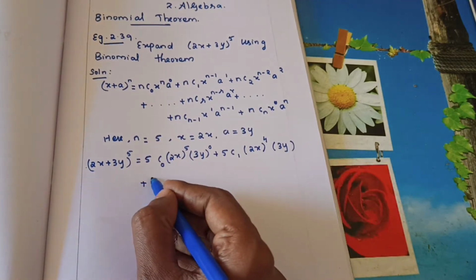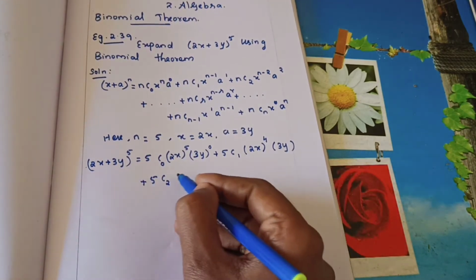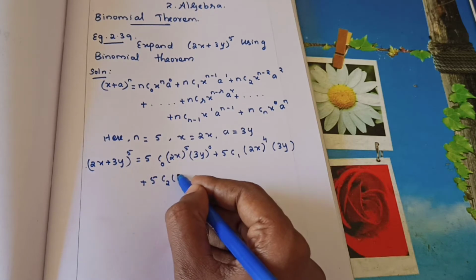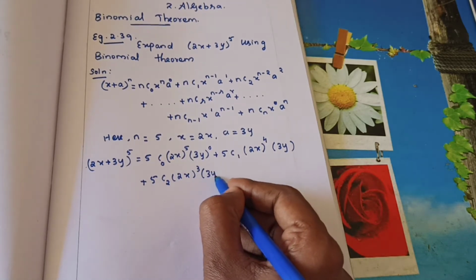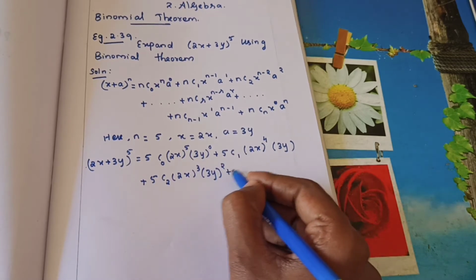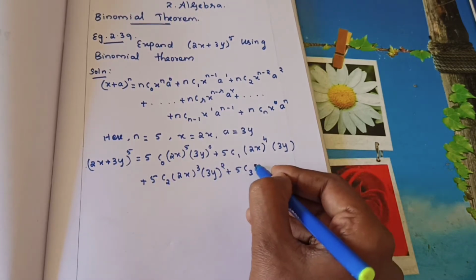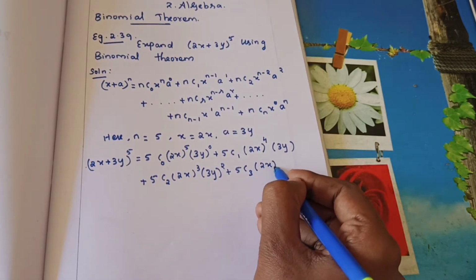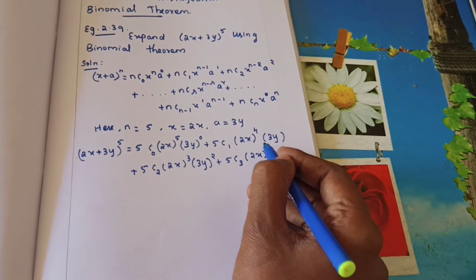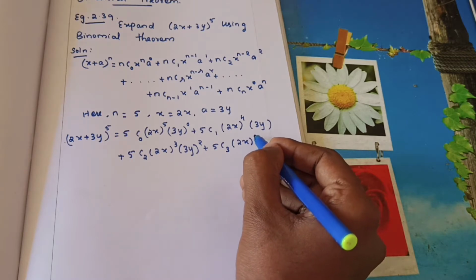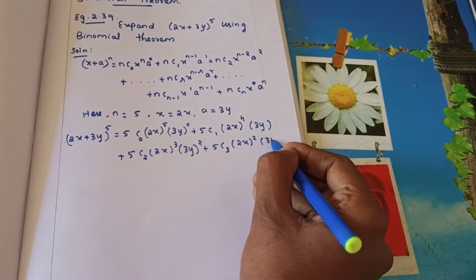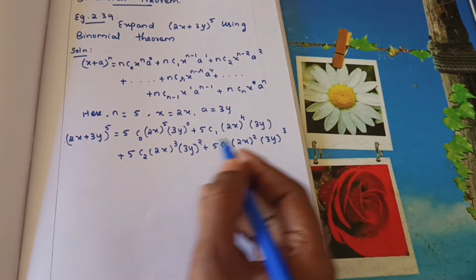Next term plus 5C2, 2x power 3, 3y square. Next term 5C3, 2x power 2, 3y power 3.